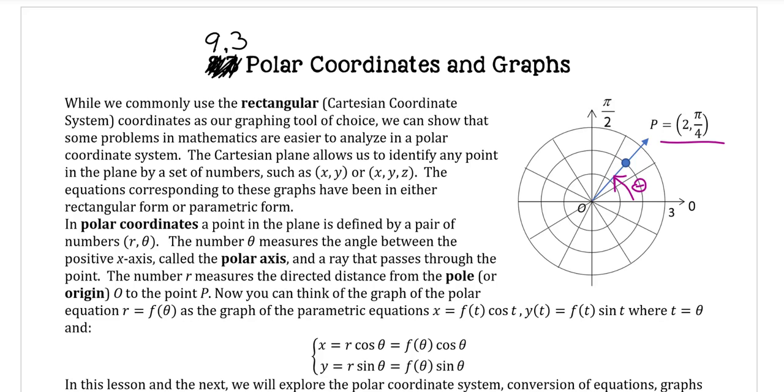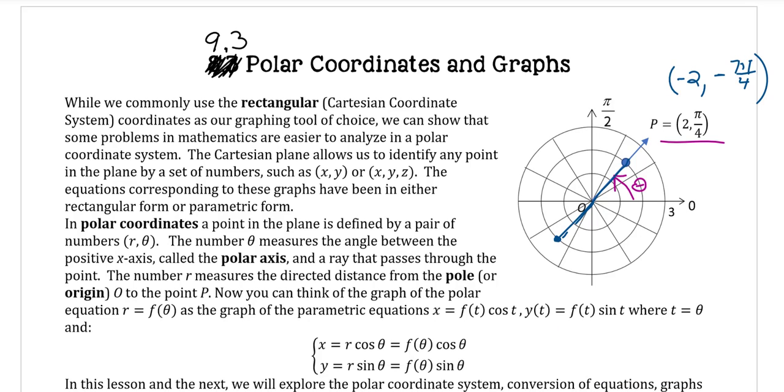Please remember as well that you can also write this in different ways. There's more than one set of coordinates that gives you the same point. Like I could make this -2, so that would put it over here, and then to get the angle I want, I would have to say that the angle was -7 pi over 4.